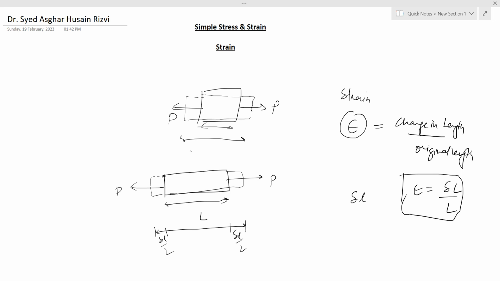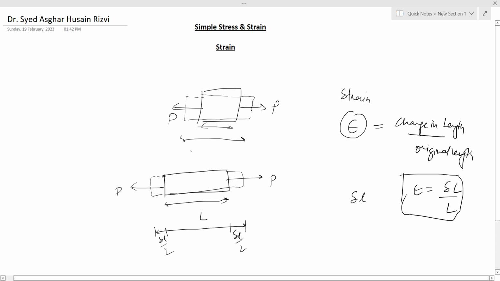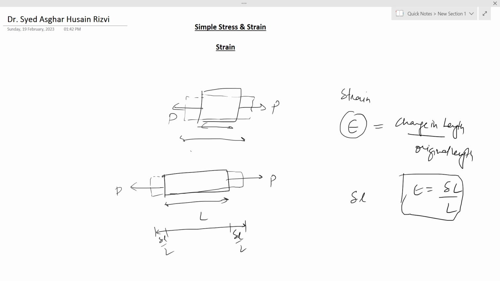After this strain is produced, the body material will resist the action of the external load and the body will become stable.